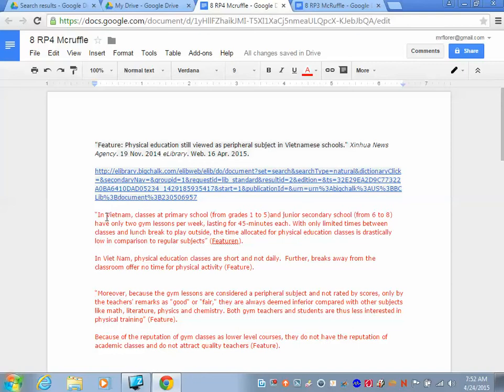So in this one here, it says that in Vietnam, classes of primary school from grades 1 to 5 and secondary schools from 6 to 8 have only 2 gym classes per week, lasting for 45 minutes each, with only limited times between classes and lunch break to play outside. The time allocated for physical education classes is drastically low in comparison to regular subjects.